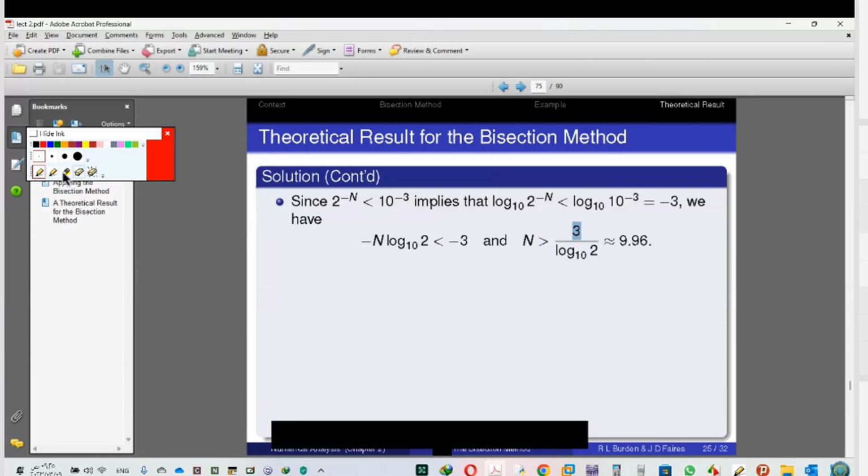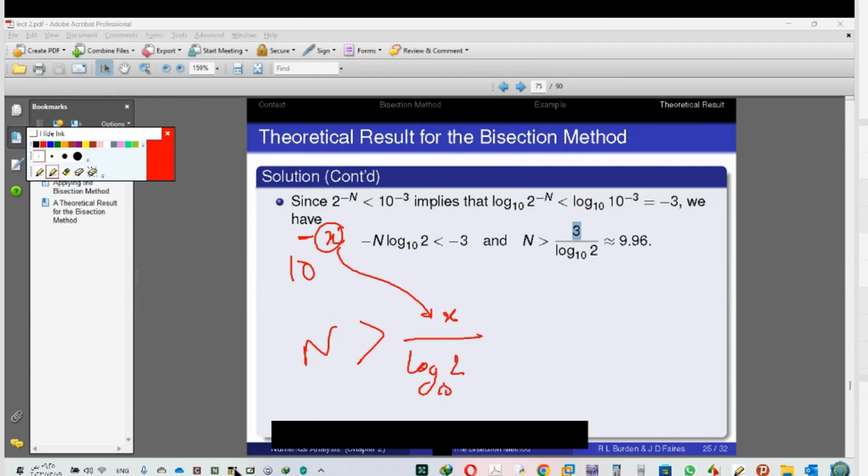N should be bigger than, I will write the full formula, 10 exponential minus, for example, x over log 10 to this constant, p minus a.